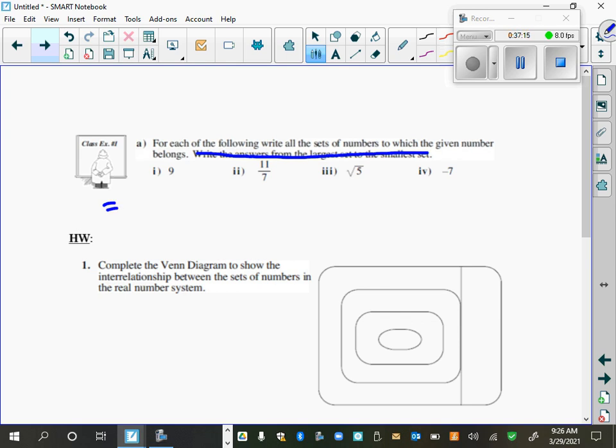Having said that, I do like what they're asking me to do because every single one of these are going to be real numbers. So that's the first thing you do every time I give you a question about number systems. You put real every single time because that's going to be half of the answer sometimes. There's only going to be 2 of them. Sometimes there's going to be 4 or 5 of them.